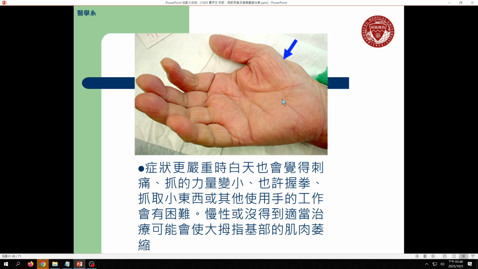If the compression lasts a long time, the thenar muscle atrophies, and then you cannot grasp. You can only do it like this. You cannot do the opposition. So that's loss of some function.